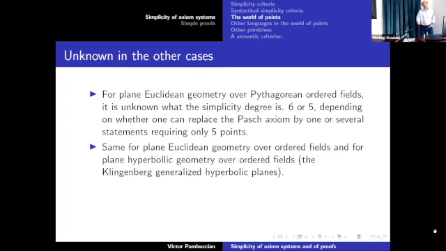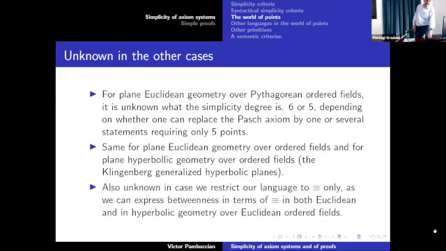The same if you want to go for other things. For example, you can have a Euclidean geometry that is just over ordered fields, arbitrary ordered fields. What's the simplicity degree of that? We don't know. Same in the hyperbolic case over ordered fields, which is these generalized hyperbolic planes, which were introduced by Klingenberg.